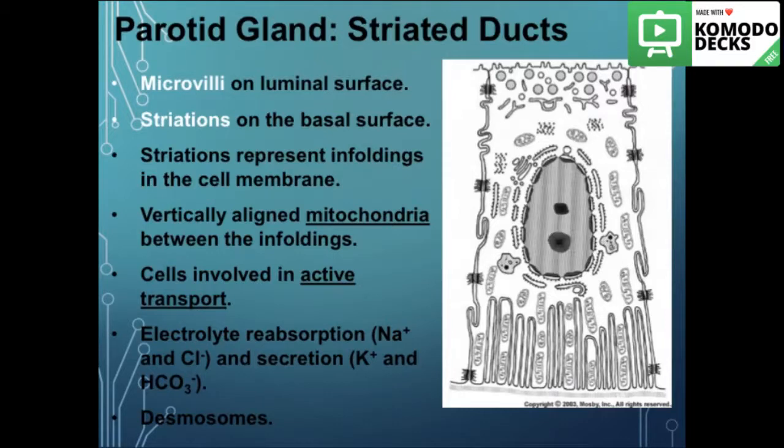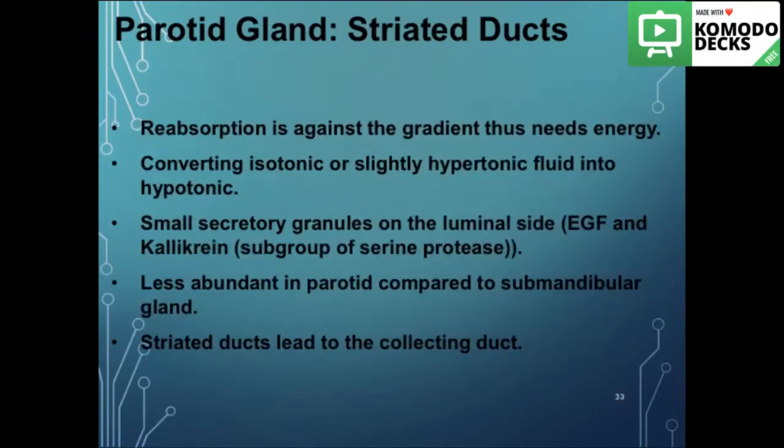The role of these ducts is modification of the saliva by electrolytes secreted from the secretory cells, by reabsorption of Na and Cl, and secretion of potassium and bicarbonate ions. Surely we have desmosomes. So the reabsorption is against the concentration gradient.